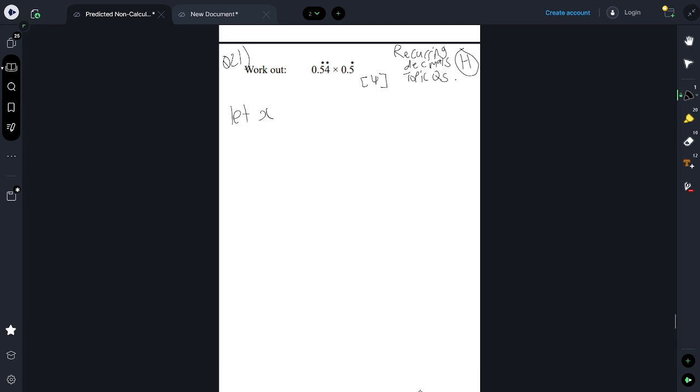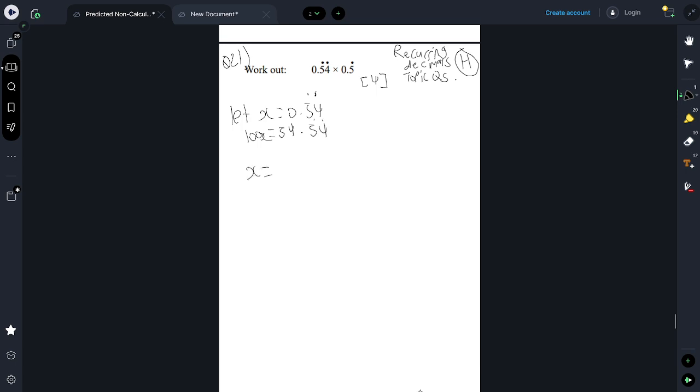The first step is that x is 0.54 recurring. Then we're going to need to times by 100 to move the point forward by 2. And you need to be careful here, because we want to align it together, and that's 54 recurring again.